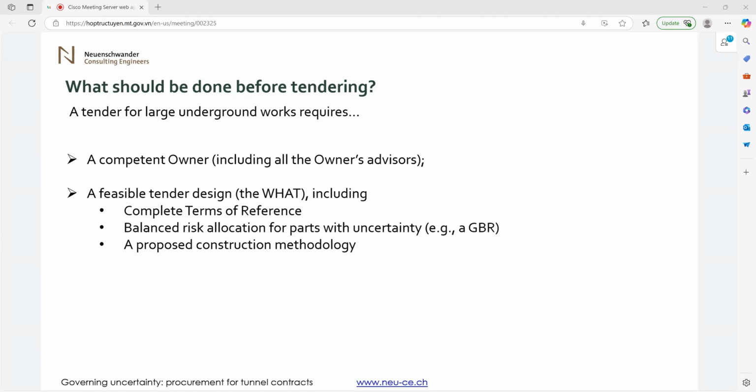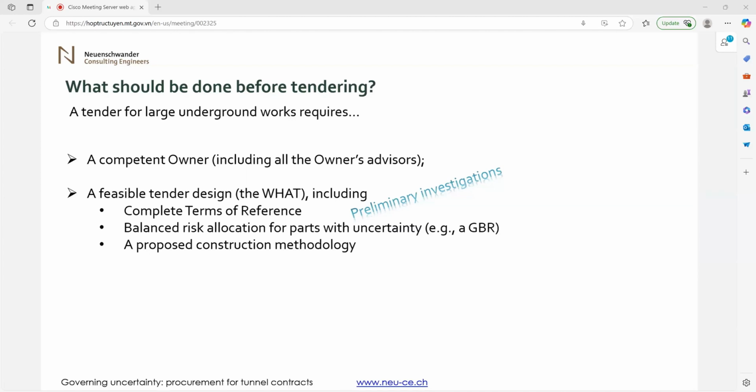We need a feasible tender design, which means that the employer should provide a feasible tender design before he goes to tender, including complete terms of reference, including a balanced risk allocation for parts with uncertainty. This may be the ground, this may be other things. It may be, I think Professor Gahn was talking about exchange rates and so on. So we need to have all of this.